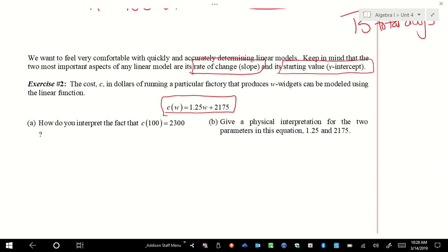It says, how do you interpret the fact that C of 100 equals 2,300? Again, that means in a sentence, if you were to tell somebody what that means in regards to this question, which has to deal with cost in dollars and producing W widgets, what would that sentence mean? Try to write something down.